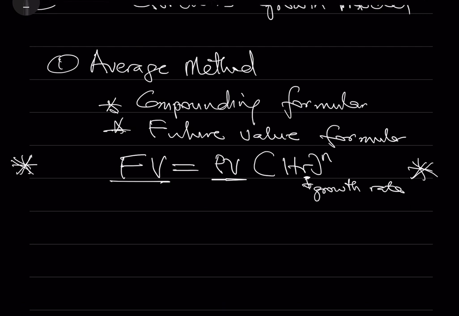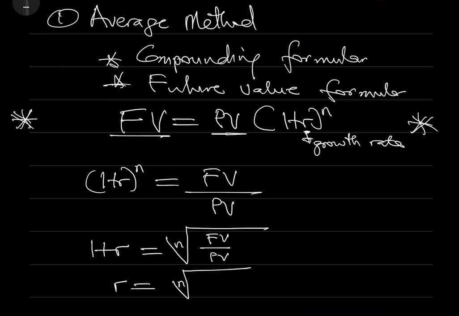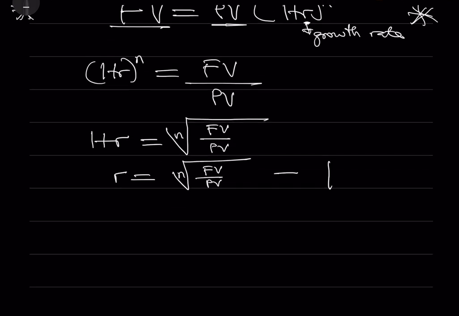So if you rearrange this formula, which I can quickly show you, this becomes 1 plus R raised to power n equals future value divided by present value. Now, to calculate R, you need to find nth roots in mathematics, right? So 1 plus R will equal the nth root of future value divided by present value, and R equals the nth root of future value divided by present value, minus 1.